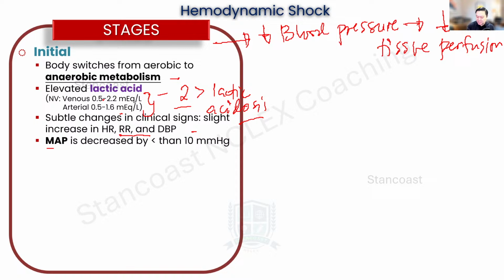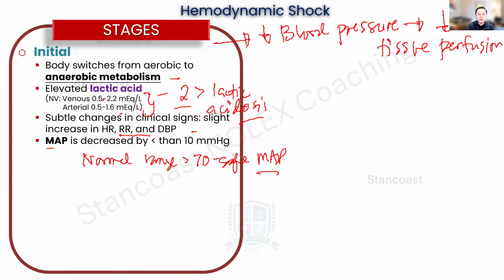If the MAP is within the safe range, greater than 70, this is considered a safe MAP. This simply means that the body is still able to supply blood and oxygen to the body tissues. The mean arterial pressure is a determinant that the body is able to perfuse oxygen, blood, and nutrients to the body cells.